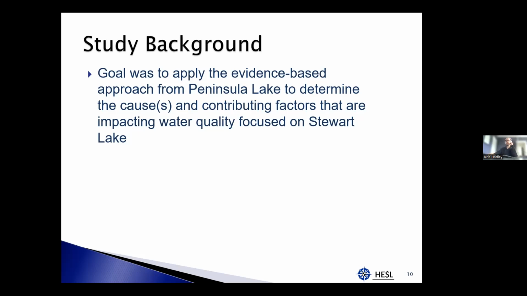And we're applying that same framework here. So our goal here was to apply the Peninsula Lake framework to Stewart Lake and use those same lines of evidence to see if we could determine the cause of, or the likely causes of, the cyanobacteria blooms in Stewart Lake.